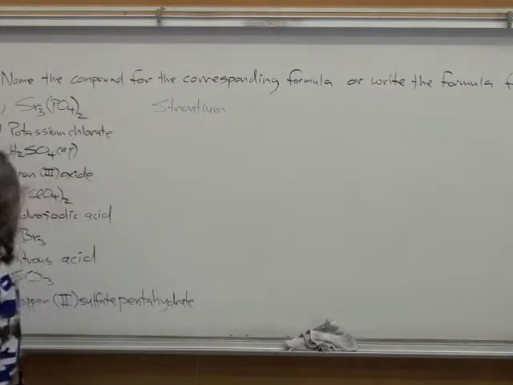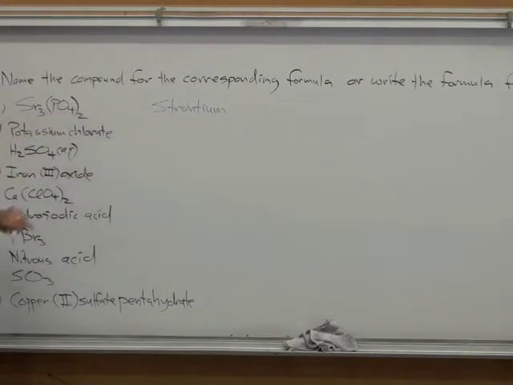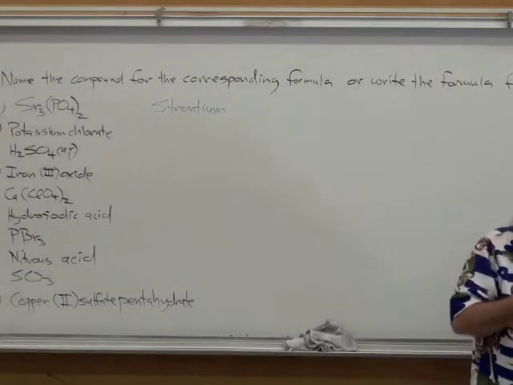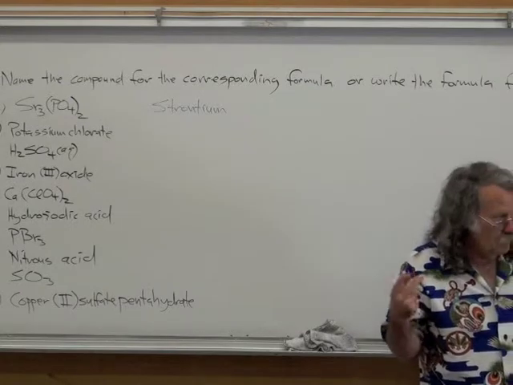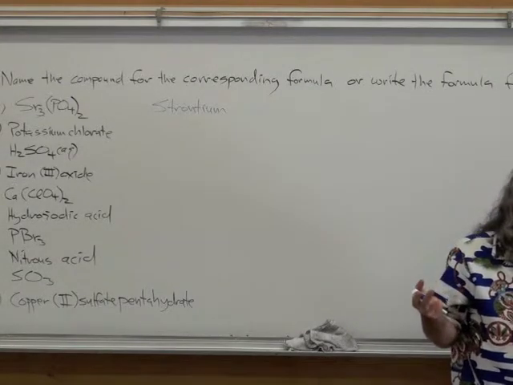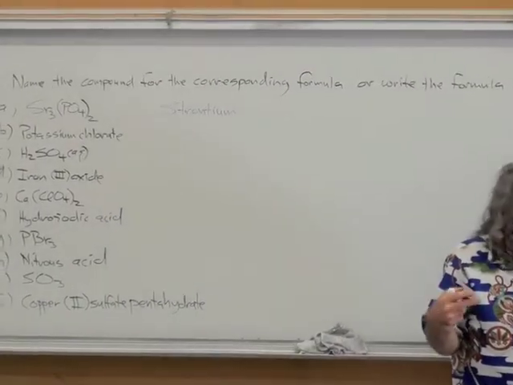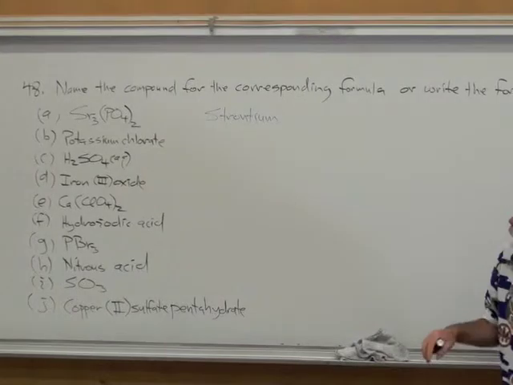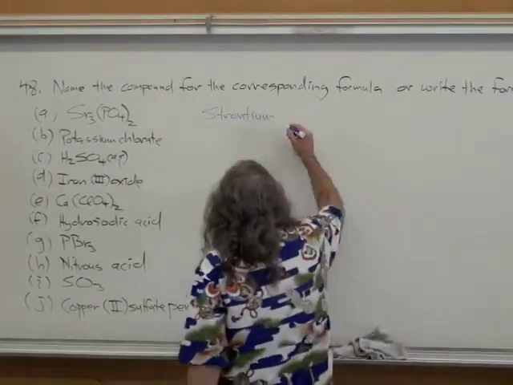And then, what is this molecular ion? It's an oxo compound. There are only 2 possibilities here, phosphate or phosphite. Phosphate is PO4. Phosphite is PO3. So this is strontium phosphate.